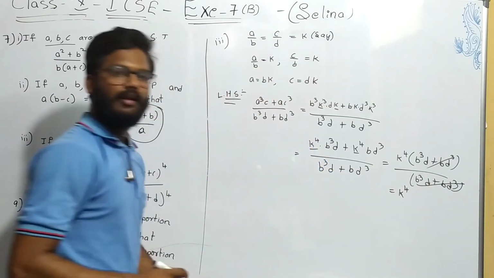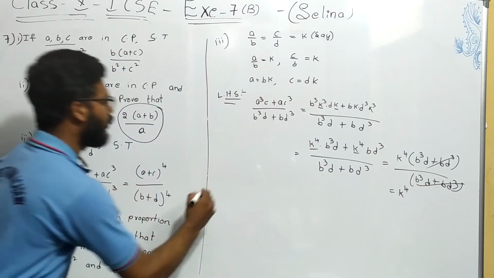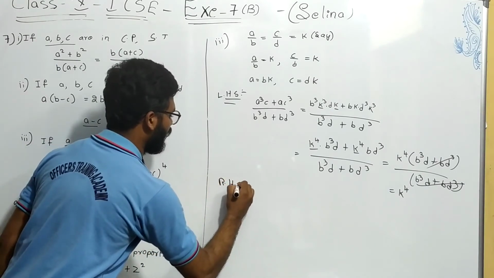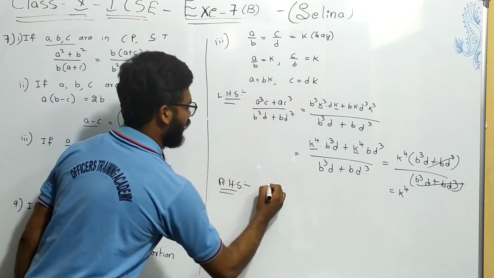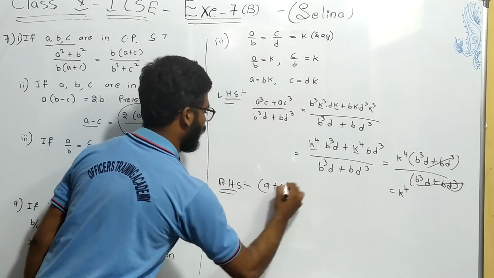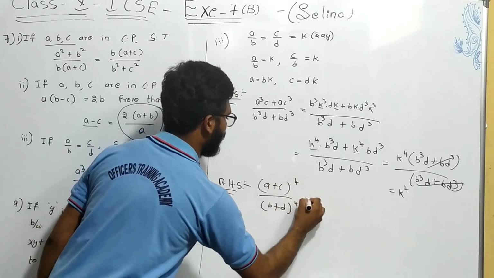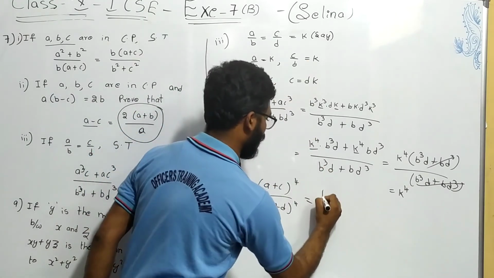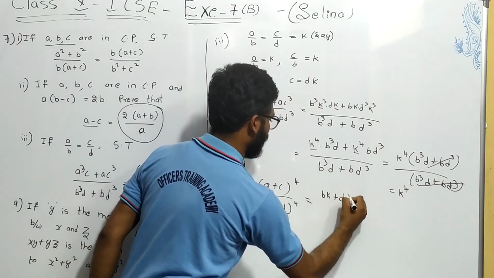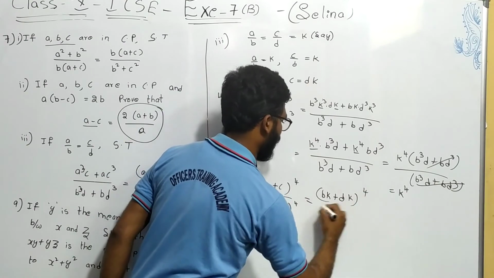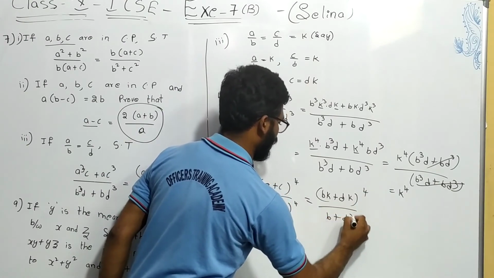In the same way, RHS also we have to show that it is equal to K power 4. So A plus C whole power 4 by B plus D whole power 4, right? In the place of A, what I have to write? BK. So BK plus DK whole power 4 by B plus D whole power 4.